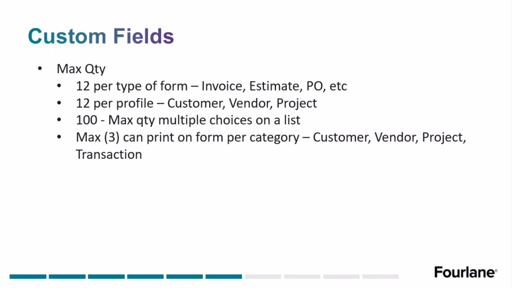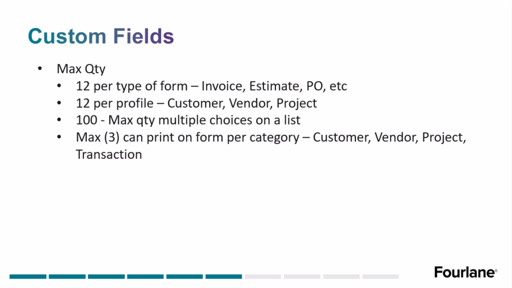First of all, I'm not going to spend a lot of time on the slide deck. I always like pointing out the maximum quantity of things just so that we can understand, because I think a lot of times people limit themselves in their thinking on what is possible inside of QuickBooks Online. For custom fields, you can have 12 per type of form.